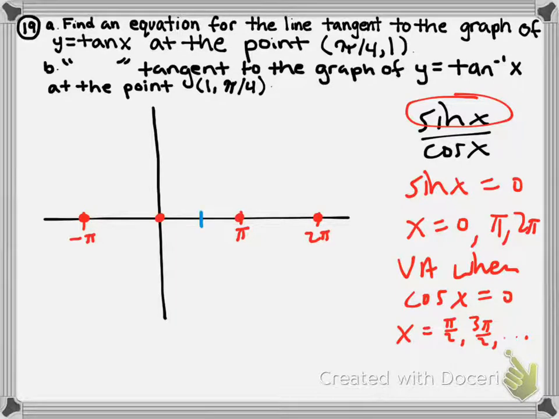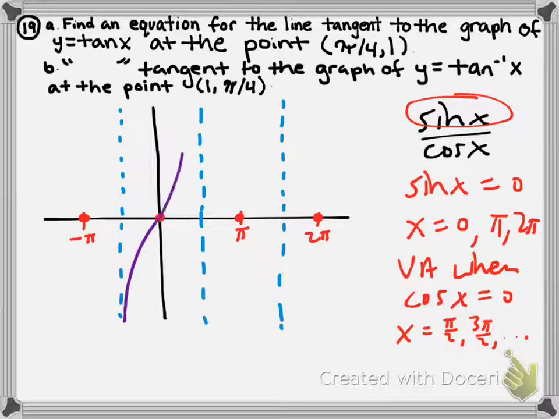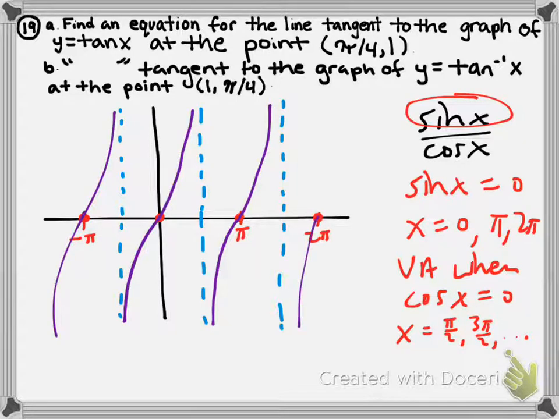We put a vertical asymptote right here at pi over 2, and then you've got your 3 pi over 2 vertical asymptote, negative pi over 2, and so forth. So those are your vertical asymptotes for the tangent graph, and then we know what the tangent looks like, just like that. I don't really need all that, just helping you out with understanding how to graph those.